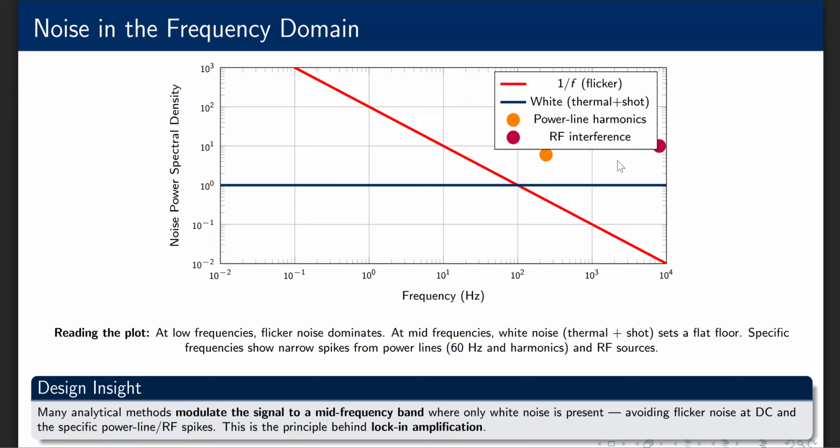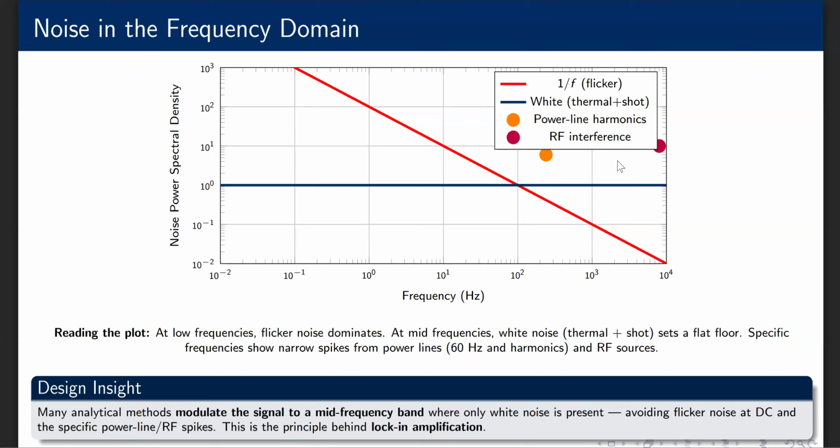The orange dots are power line harmonics, 60 hertz, 120, 180, 240, which are all related to AC power lines. These are narrow spikes at very specific frequencies. The purple dots are RF interference from wireless devices, switching power supplies, nearby equipment, which is also at specific frequencies.